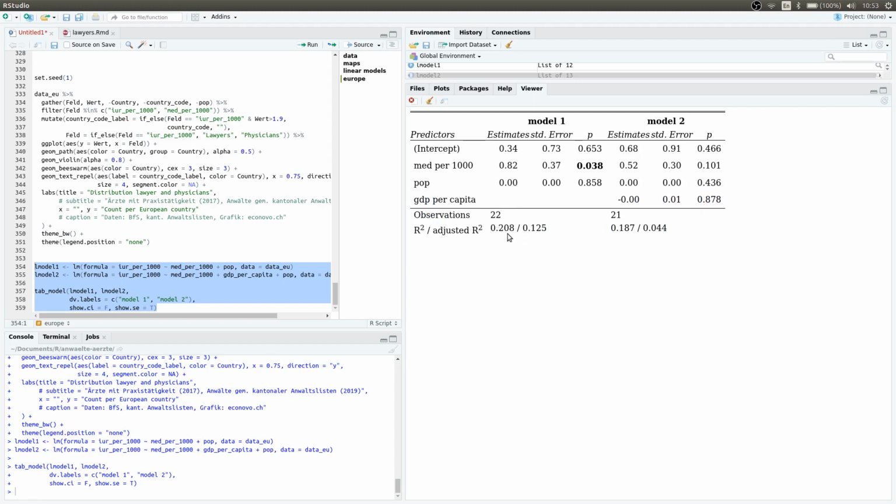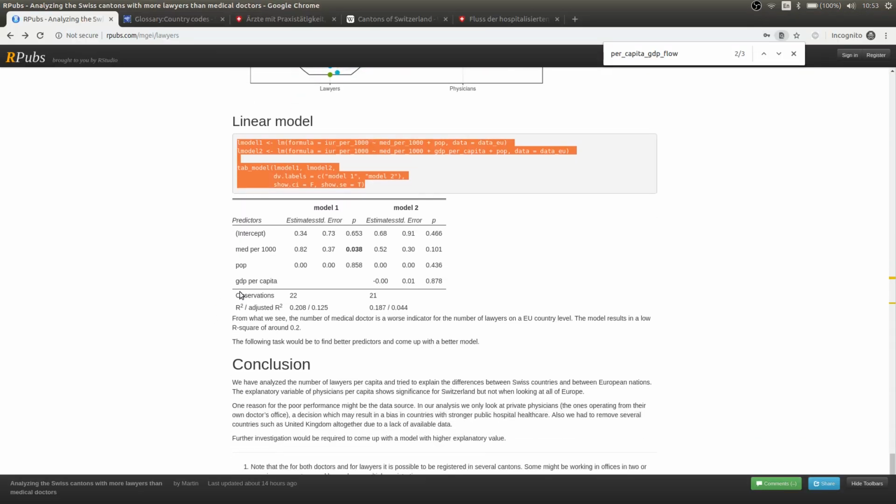Although we see that the R square is pretty low for both models. So again, in conclusion, does this mean that our whole approach is just wrong?